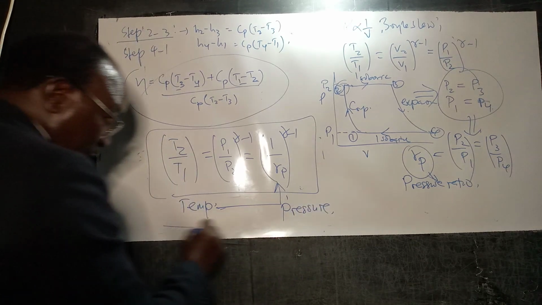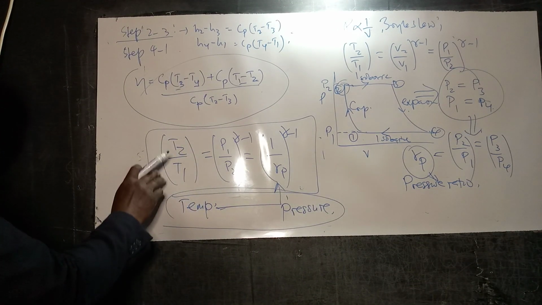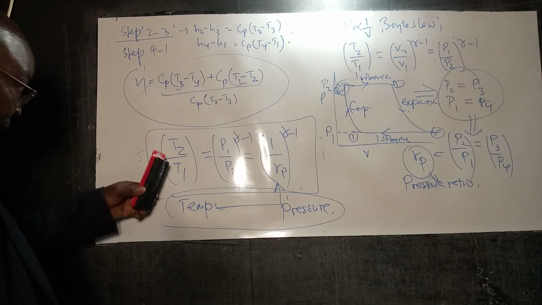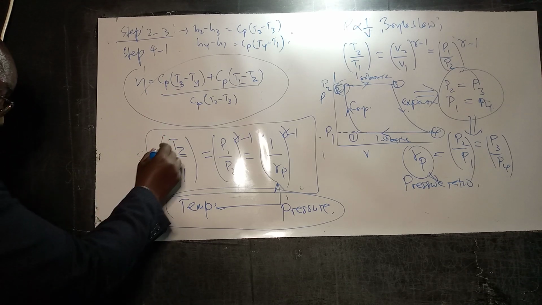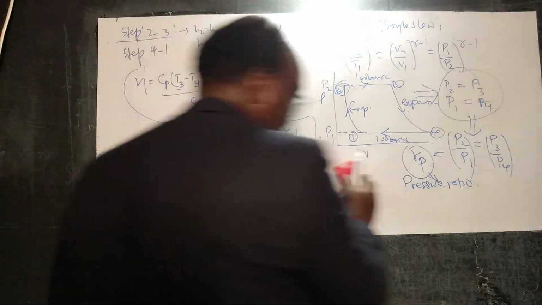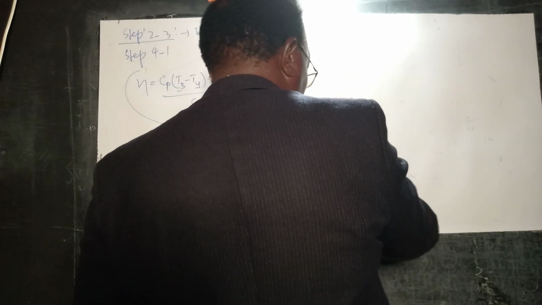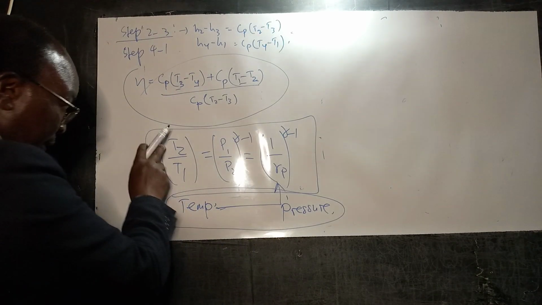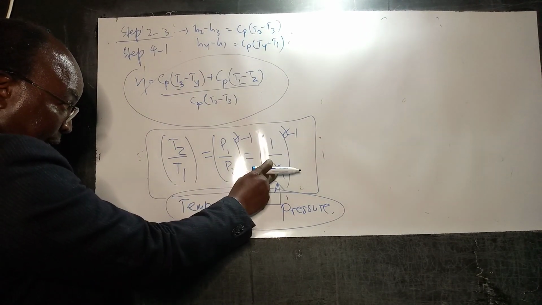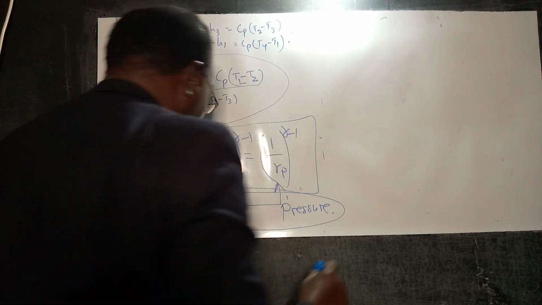And of course, once you compute these values, for example, T2: T2 over T1 is 1 over the pressure ratio raised to gamma minus 1.